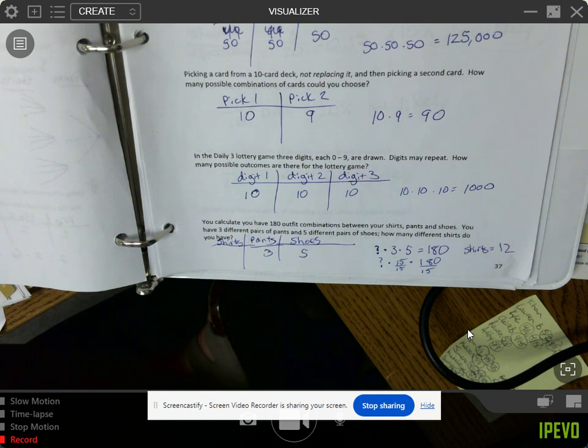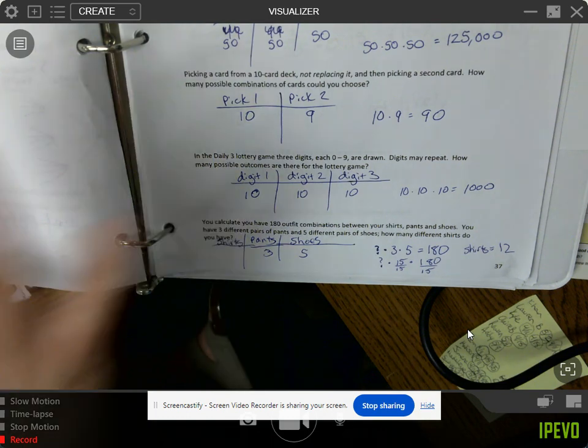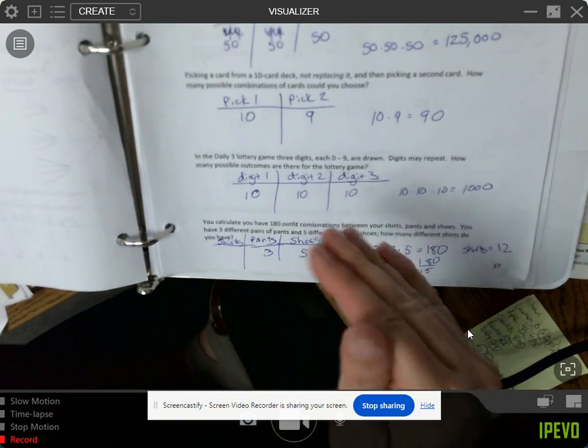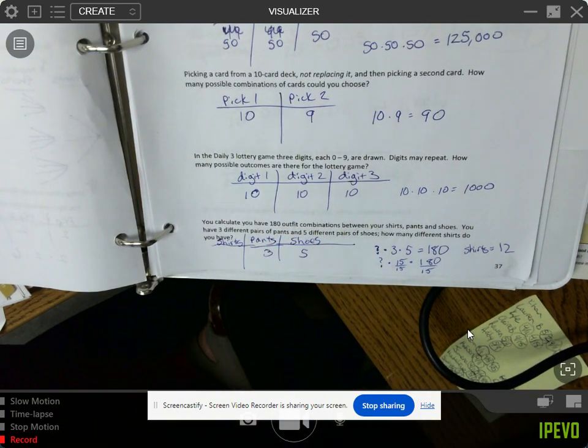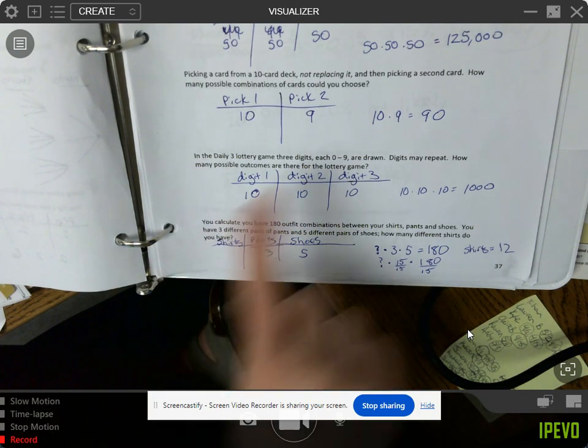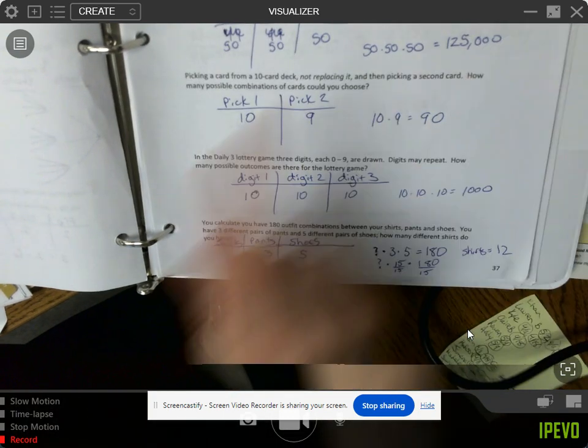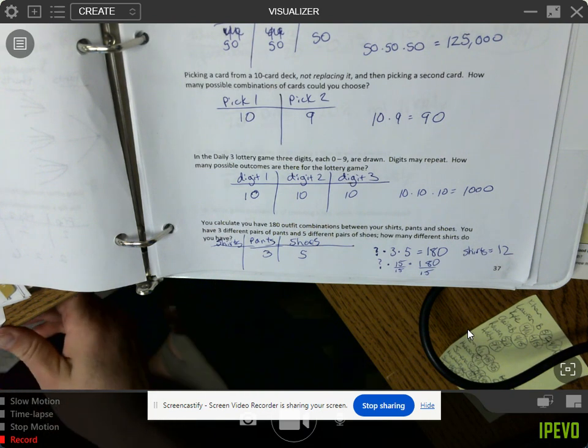I see a couple of us had some shaky thumbs, but we're going to keep working on these possibilities, the possible outcomes, as we're going through our unit. We're going to learn more about the probability. So really try to think about what events you have. So we will get more practice with that.